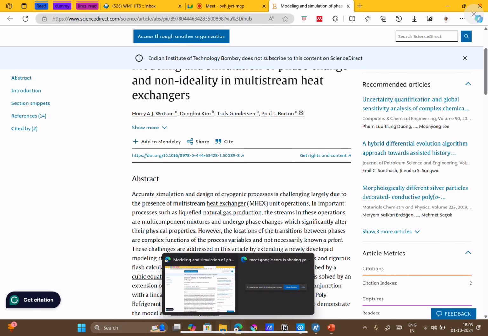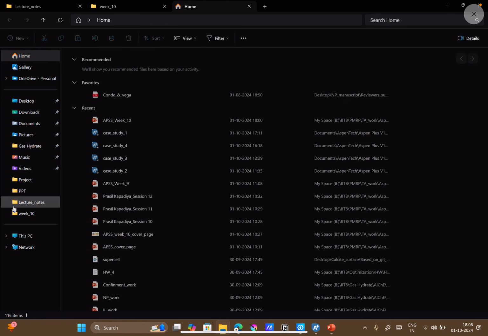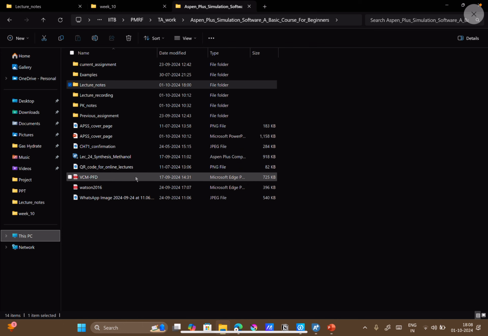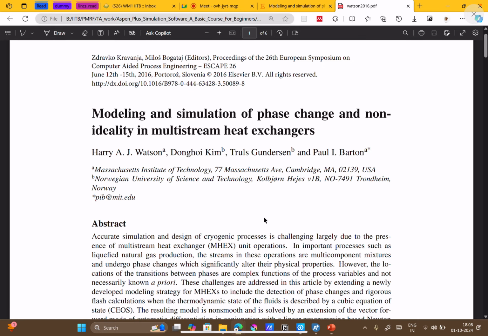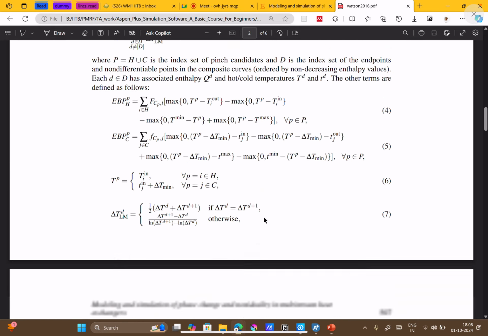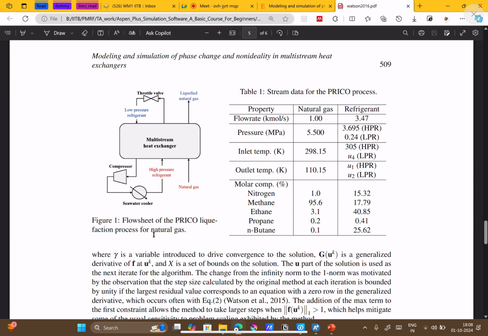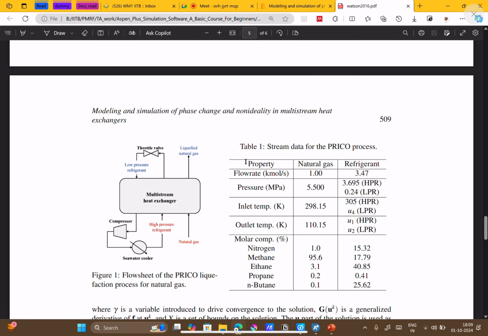I had its PDF ready. Let me quickly check it. Yeah, this one. Modeling and simulation of phase change and non-ideality in multi-stream heat exchangers. So I have taken the example problem and the data from this paper.